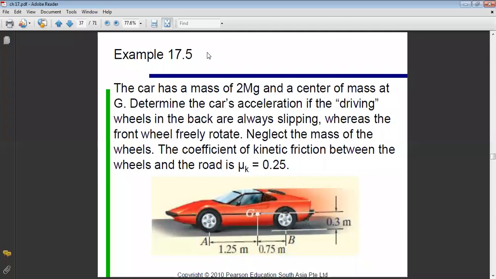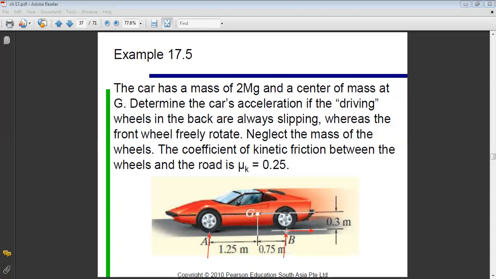So if I want to draw the free body diagram of forces acting on this car, I have the friction force at the back wheels. For the front wheels, no friction because they freely rotate and have negligible mass. So I have only the friction force at B, and as additional forces the normal reaction at A and the normal reaction at B.